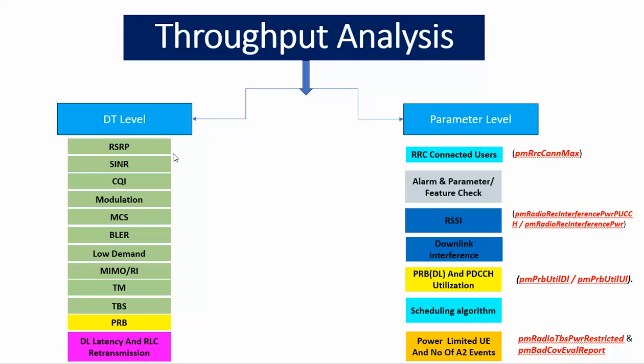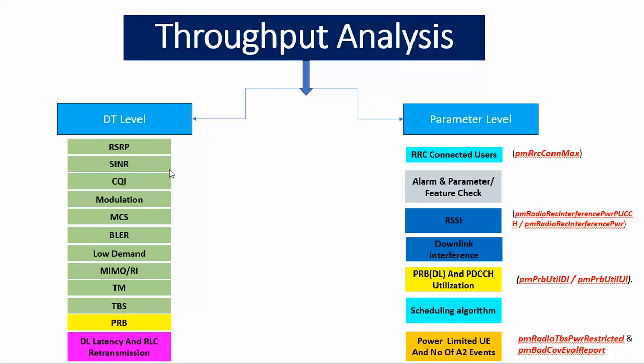Second thing: if RSRP is good but you are still getting low throughput, then you need to check SINR. If RSRP is good and SINR is bad, that means other cells are interfering there.